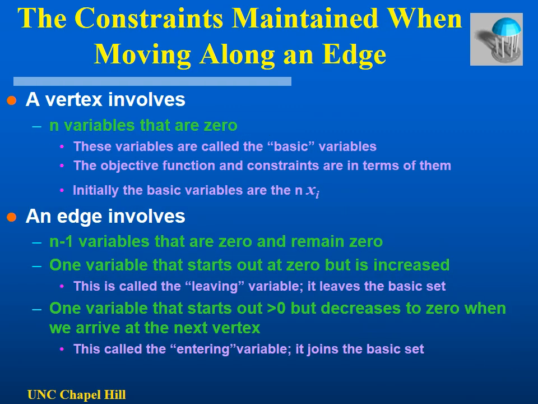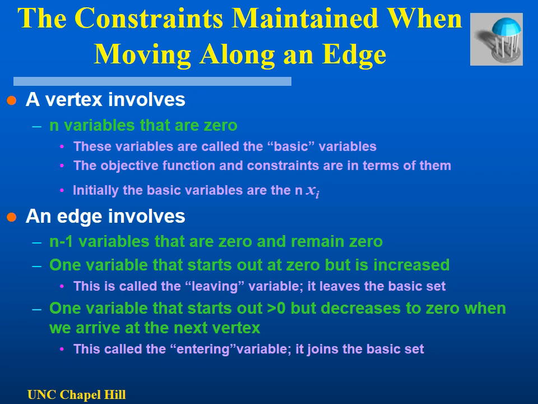So what happens when we're moving along an edge? A vertex of a polyhedron or hyperpolyhedron in n space is a point at which there are n variables that are 0. N extreme constraints. Each constraint lowers the dimension by 1 down to 0, which gives us the point that is the vertex.